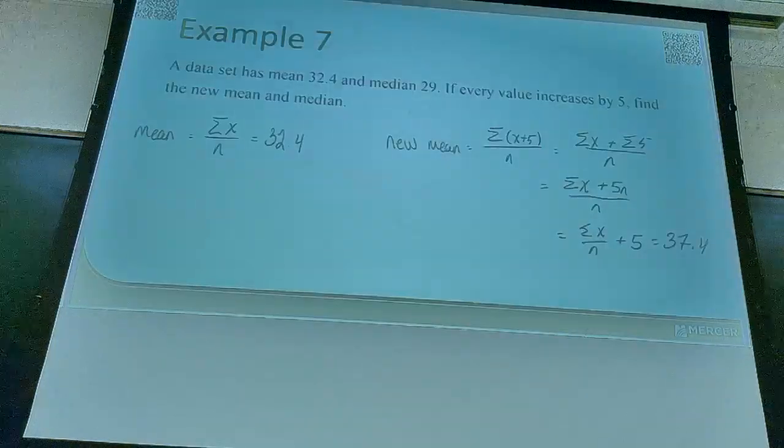If n is even, then 29 is the average of your two middle values. Oh, but both those middle values get increased by 5. Then using the same argument as with mean, that's also going to increase by 5. So in either scenario, the median will just increase by 5 as well.